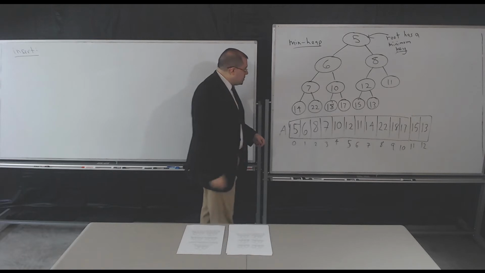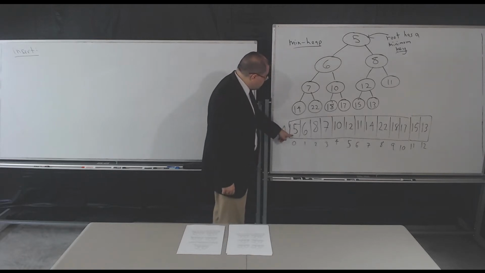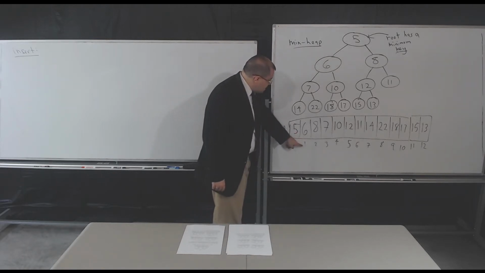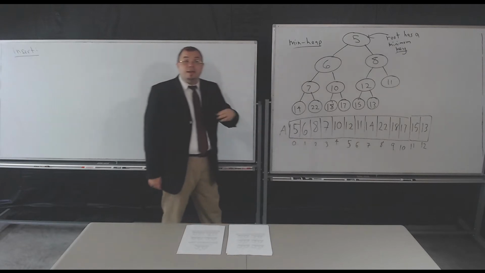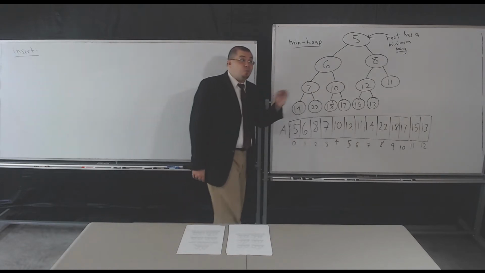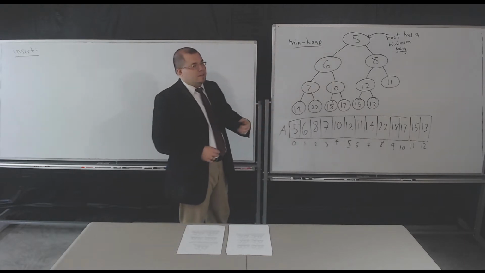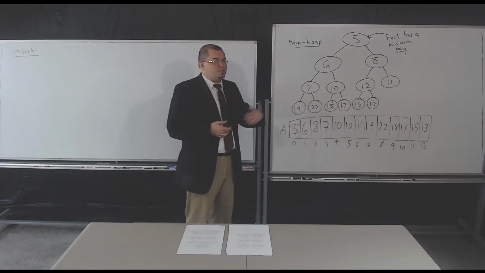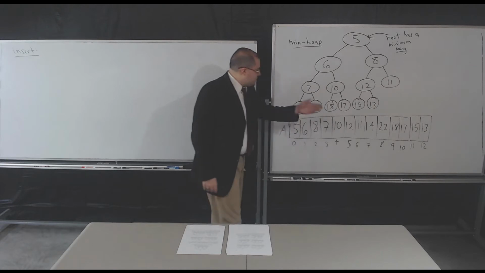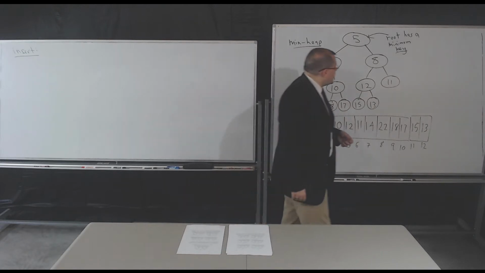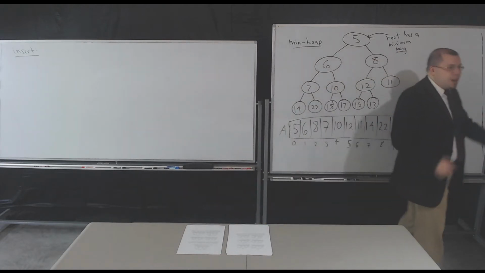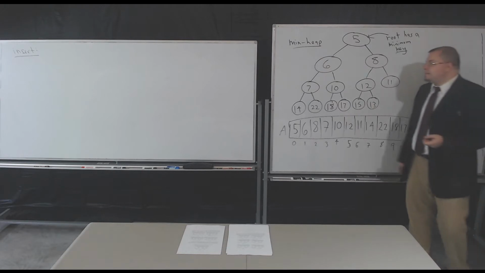So for example, the left child of the root is 6. It's located in position 1 because we multiply that position by 2 and add 1 to it. Likewise, the right child is whatever the position is in the array times 2 plus 2. So you can do this to look at the entire array. Note that there's also a way you can compute the parent, as I mentioned last day.